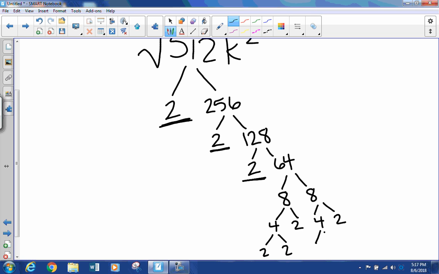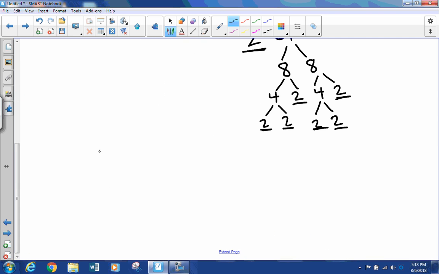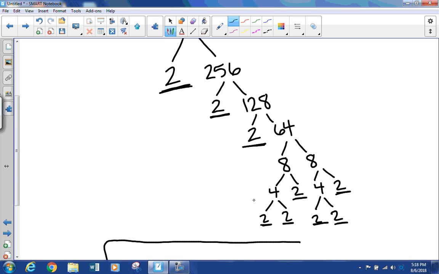And so again, I'm going to go back and underline all of these prime factors of 2 that showed up from this problem. I'm going to need to make sure I include them all in my factorization. And so I'm going to write under a larger radical now that we have broken 512 to be a total of, if I count them up here, 1, 2, 3, 4, 5, 6, 7, 8, 9 factors of 2.